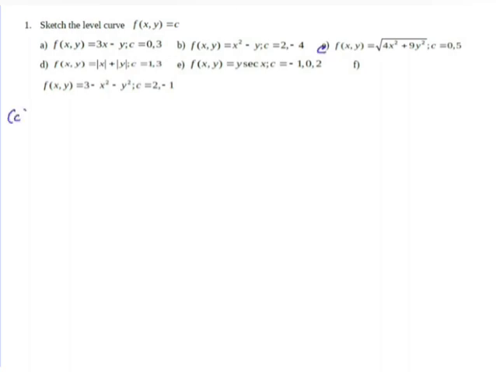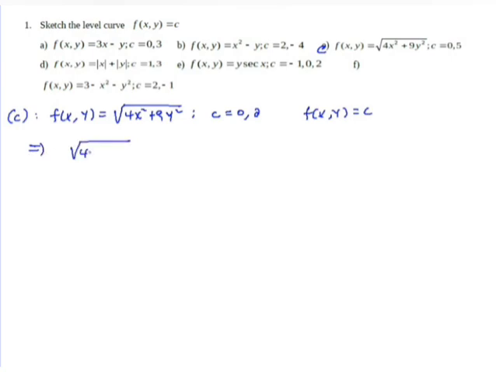In c ምንድን ያለን? The function is f of x comma y is equals to square root of 4x square plus 9y square. Okay, this is the function and the constants are 0 and 2. Okay, f of x comma y is equals to c ማለት ምንድነው የሚሆነው ማለት ነው?